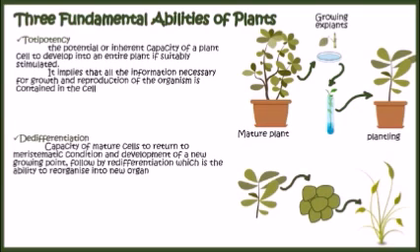Second capability is known as dedifferentiation and redifferentiation. Differentiation simply means specific lineage commitment. So once a plant cell is committed to a particular tissue type or cell type, that is known as differentiation.